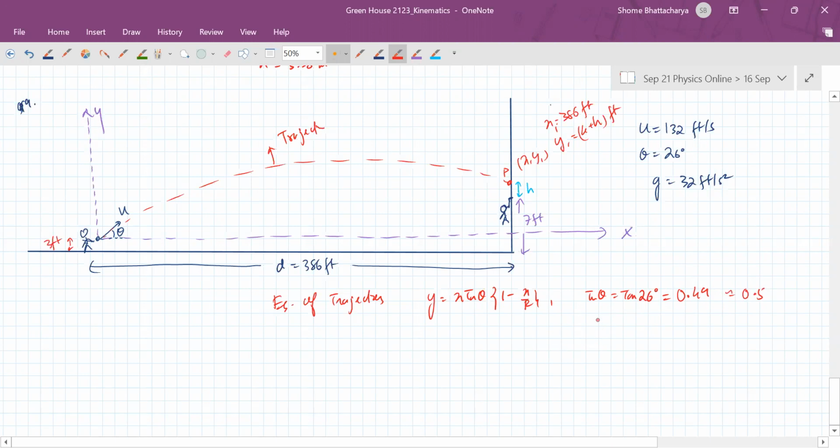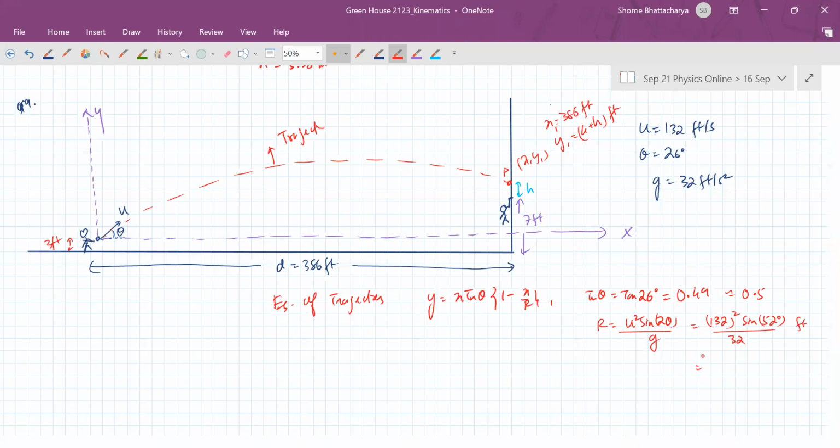Okay. And R is u square sine 2 theta by g. So that is 132 squared sine 52 degrees divided by 32 in feet. So sine 52 I can take nearly as sine 53, so it will come nearly 0.8.